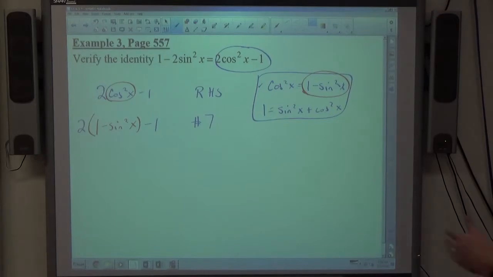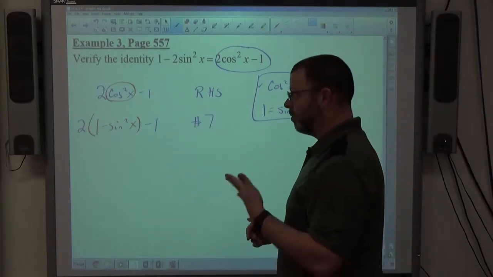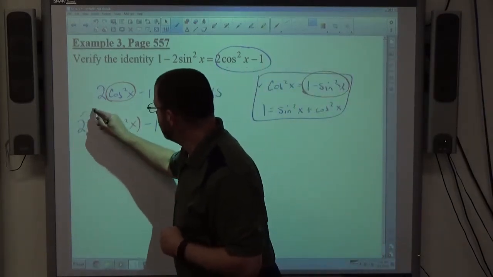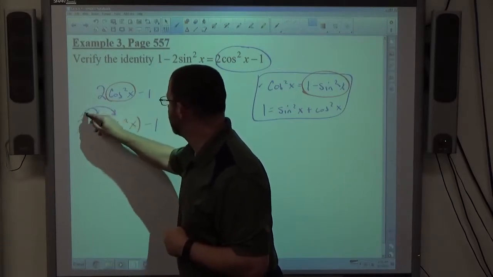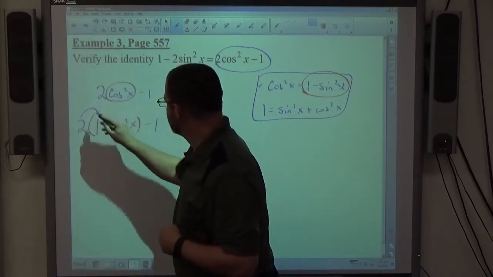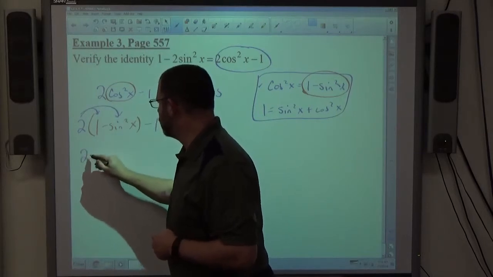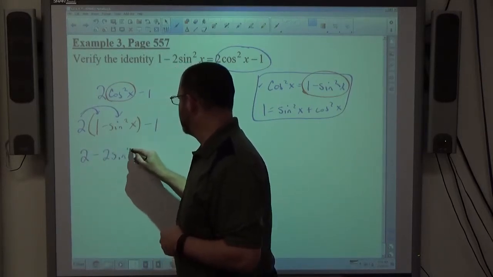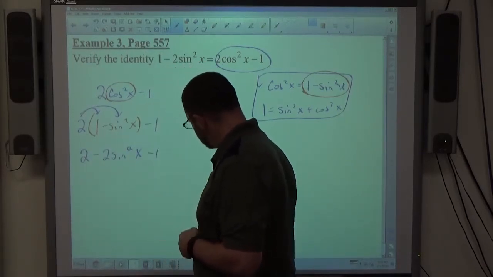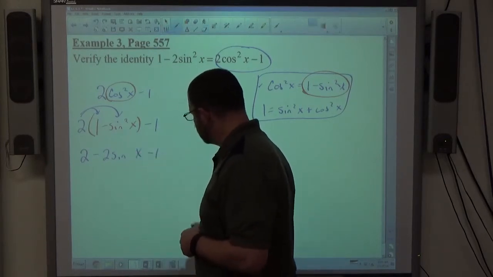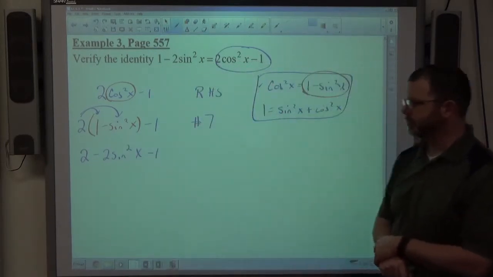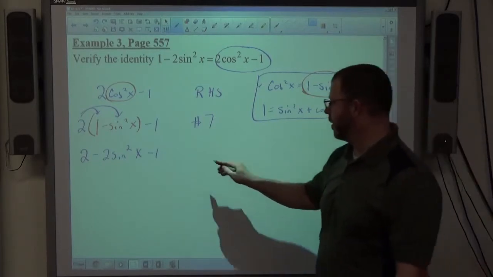Now, if I simplify this, distributive property, right? 2 times this, 2 times this, and that's it. So I get 2 minus 2 sine squared of x minus 1. And that's just the distributive property.